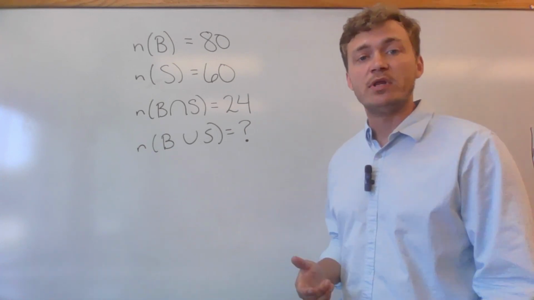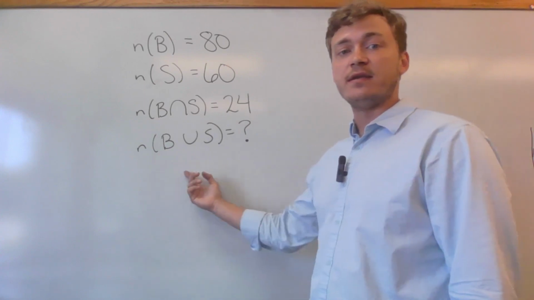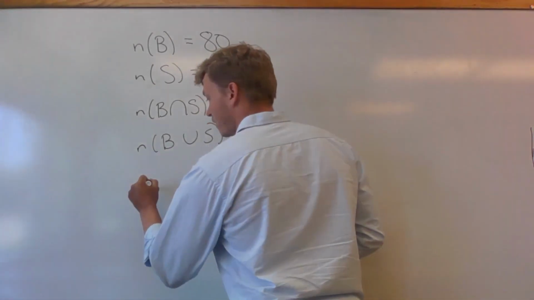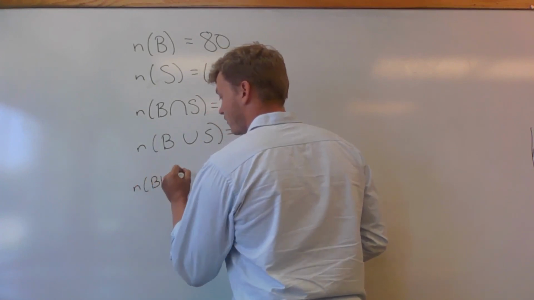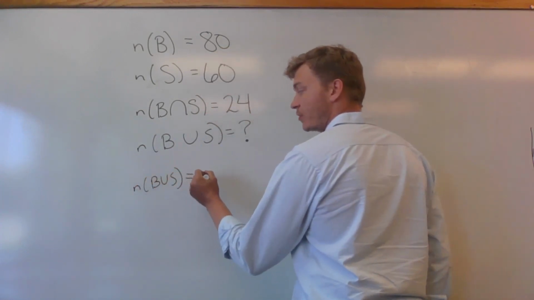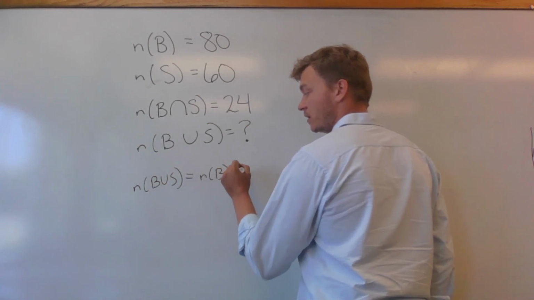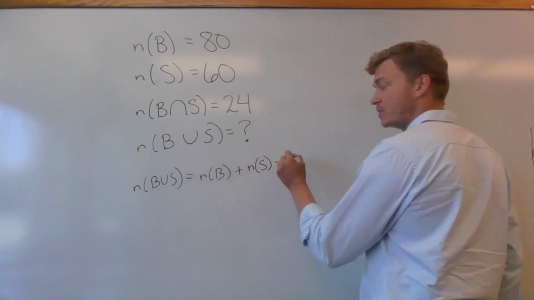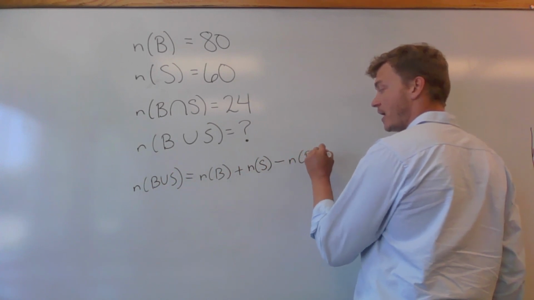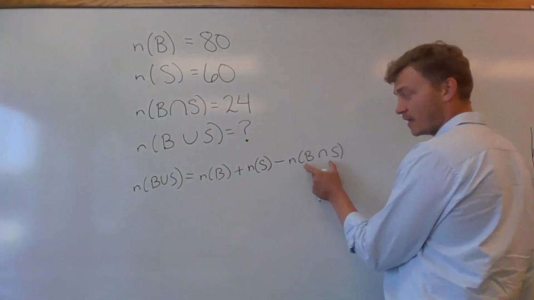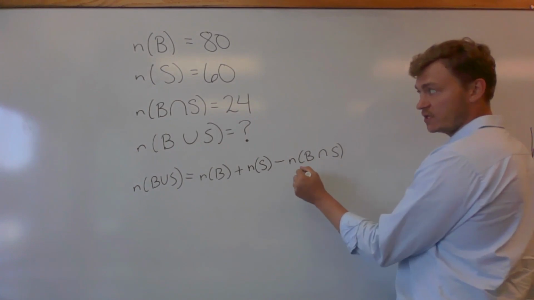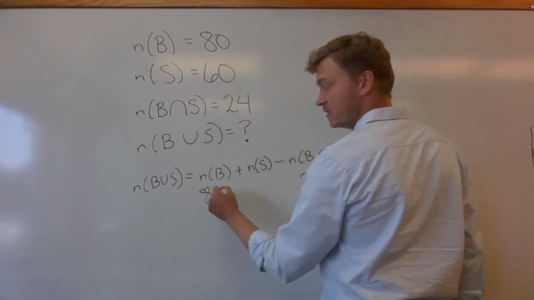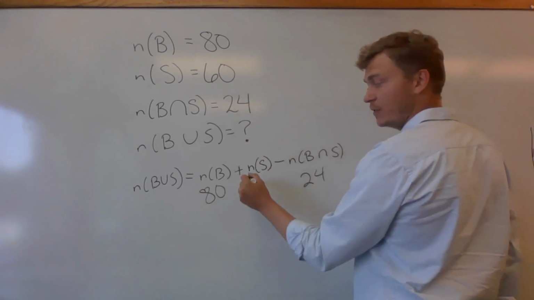So we're just going to use the formula that says to find the either or scenario, we will take our formula here, add the number of basketball players to the number of soccer players, and then subtract the overlap. Subtract those that play basketball and soccer, because when you think about it, those 24 individuals here are being accounted for within this 80 and within this 60.